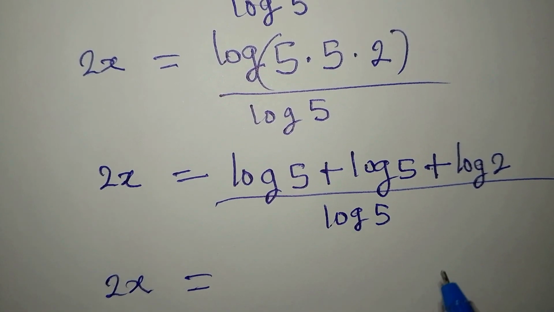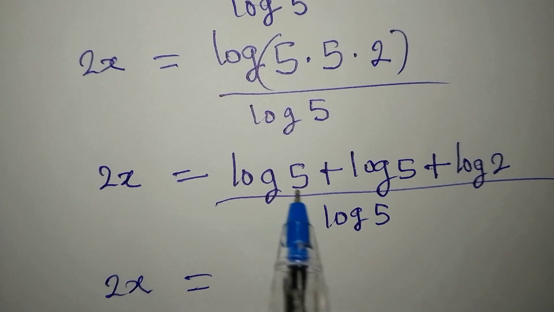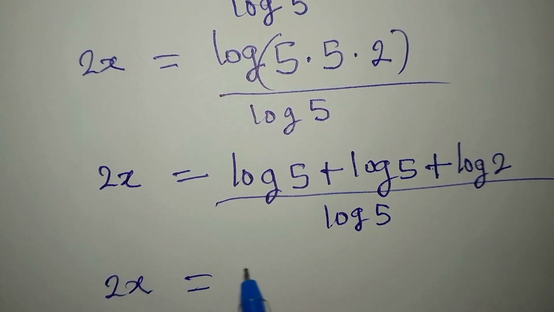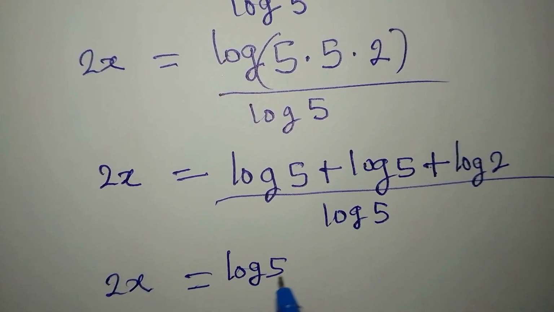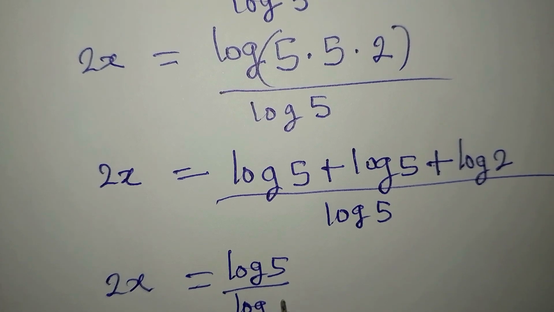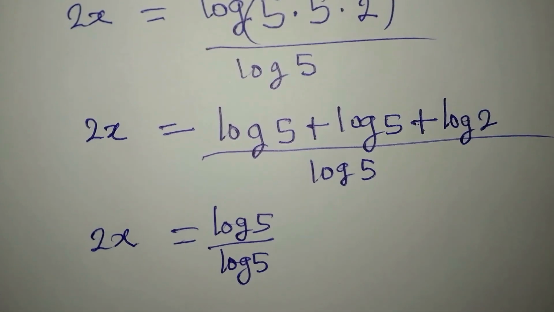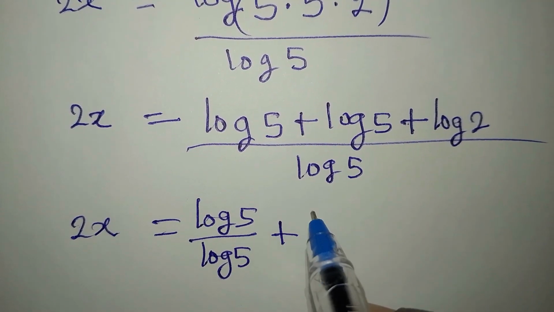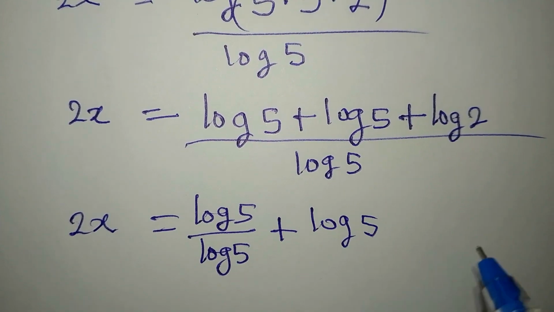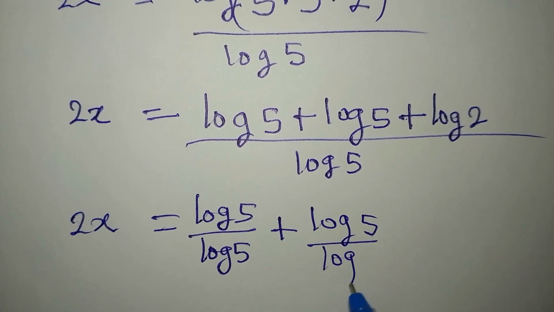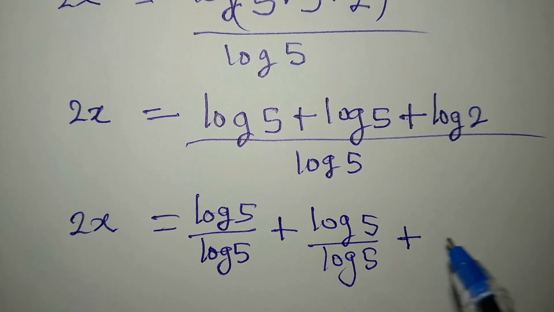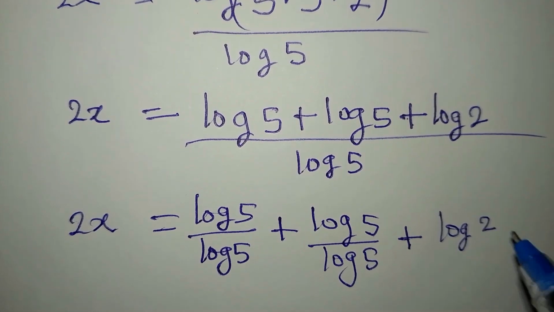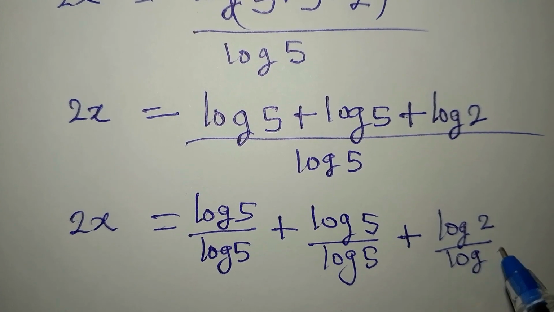What do you observe? 2x will be equal to, this division belongs to all of the numerators. So we have log 5 over log 5 for the first, then log 5 over log 5 as well, then plus log 2 over log 5.